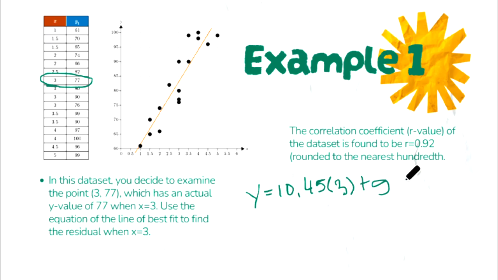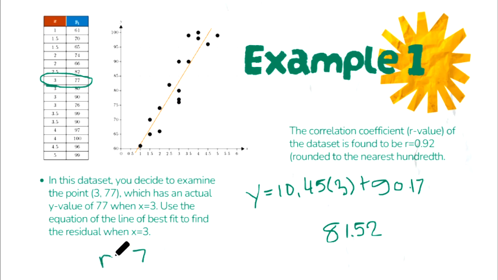50.17. I'm going to grab my calculator, and we're going to go 10.45 times 3, which gives us 31.35. To that, we're going to add 50.17, and that gives us 81.52. So the line of best fit says when x equals 3, y should equal 81.52, but y actually equaled 77.